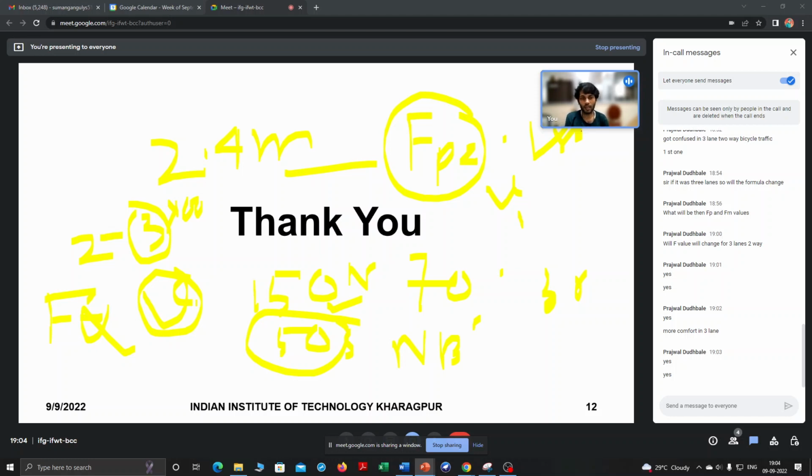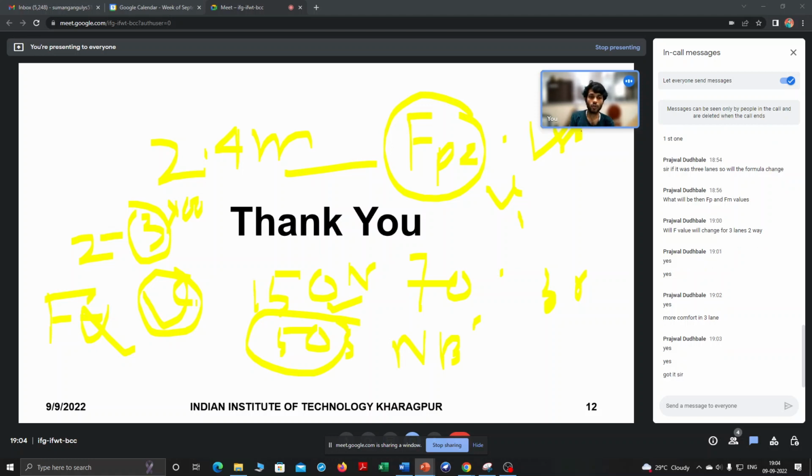No, just tell me, do you get my point? Maybe I am not able to express this properly, but if you get it, then it is good. So because your lanes increase, your number of vehicles increases, your F value increases, so you now need a different set of criteria because your comfort level changes.